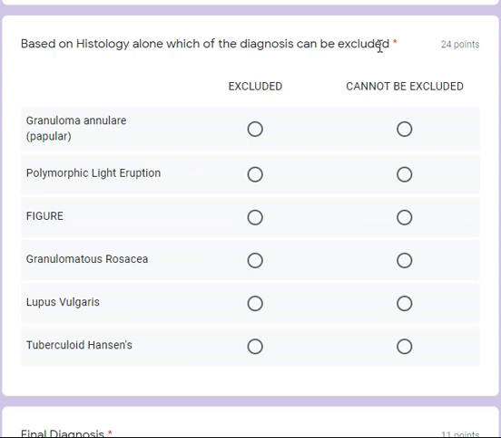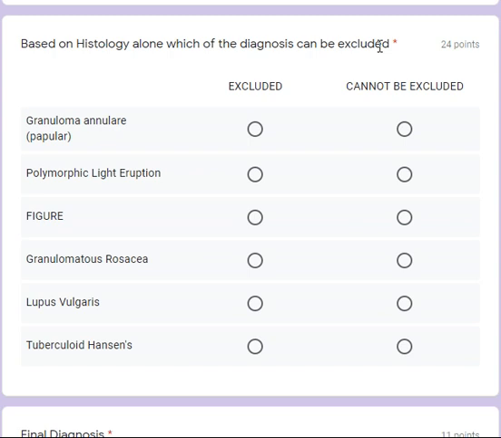In fact, I would add acne agminata into that as well. In acne agminata, there are often much more well-defined larger nodules, and you often find caseous necrosis to a much larger extent. But FIGURE is pretty much similar. There is a huge overlap, and I do not personally try to distinguish between them histologically.